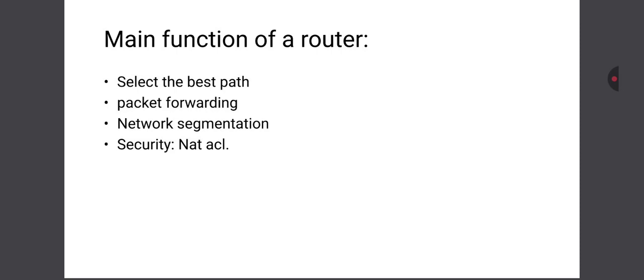A router also has security functions, like network address translation, converting private IP addresses to public IP addresses, and inverse. Access control list: we can also create access lists in routers so that we can define our own set of conditions and rules, for what kind of networks I need to communicate and share information with each other.